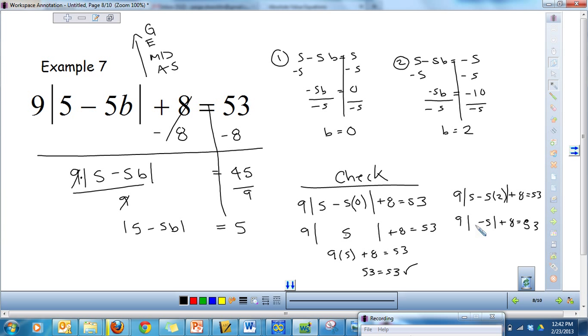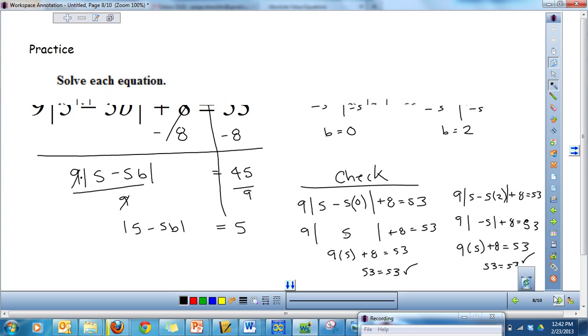There's nothing on the inside to simplify, so we can go ahead and take away our bars. What is the absolute value of negative 5? It's 5. So 9 times 5 plus 8. 9 times 5 is 45, plus 8 is 53. So 53 equals 53, so we're correct. So our solution is going to be that b equals 0, or b equals 2, or we could write 0, comma 2.